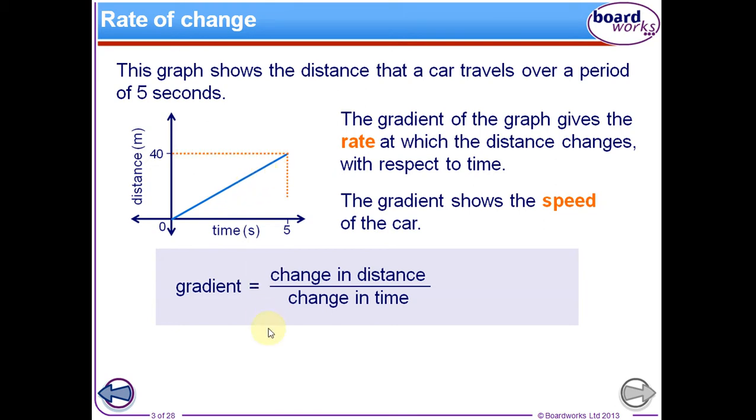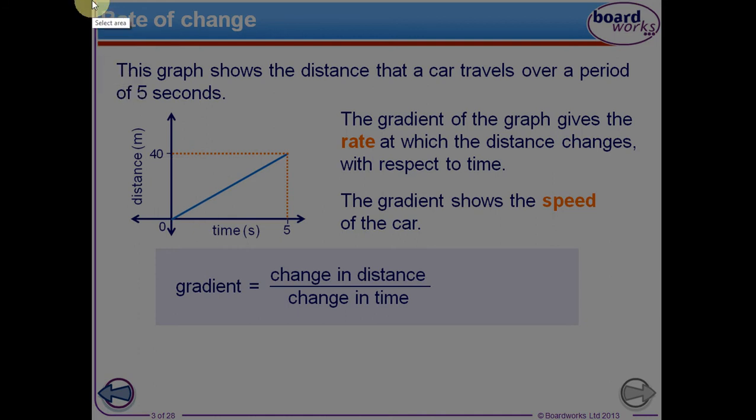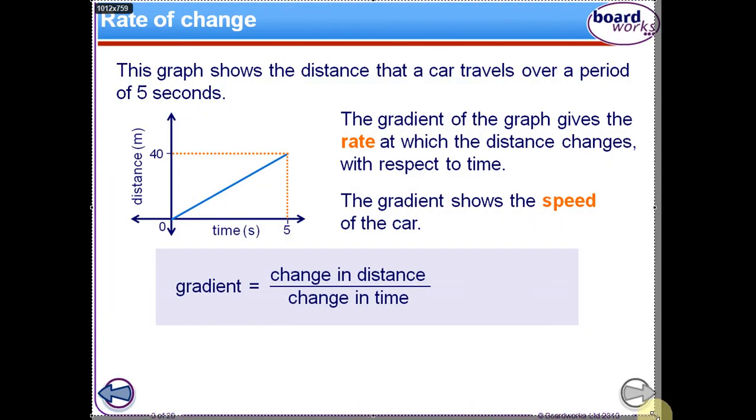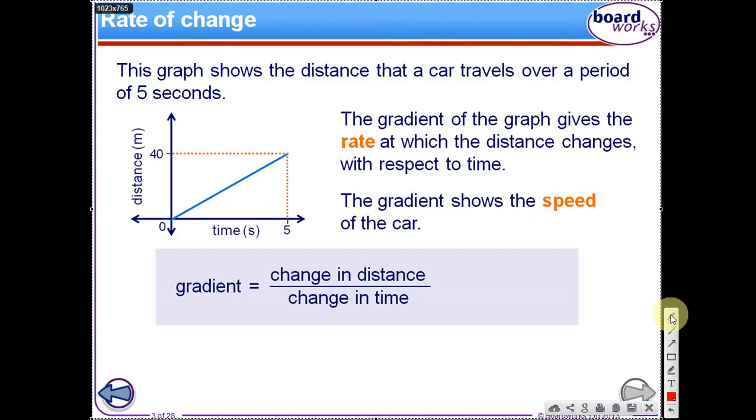So how do you find this? You guys should have knowledge of straight line graphs before now. The slope here is change in y, that is y2 minus y1, divided by x2 minus x1.